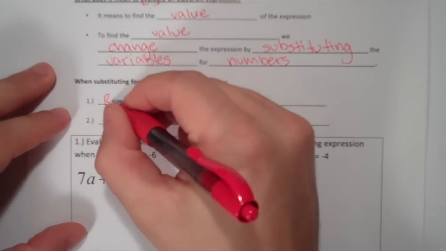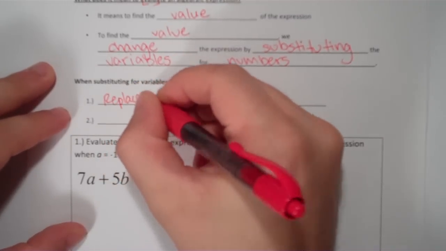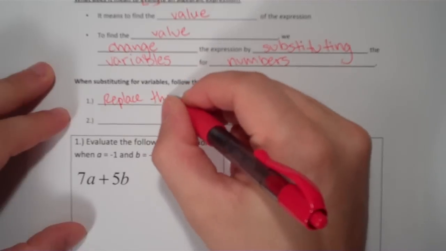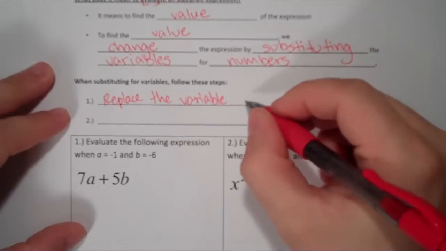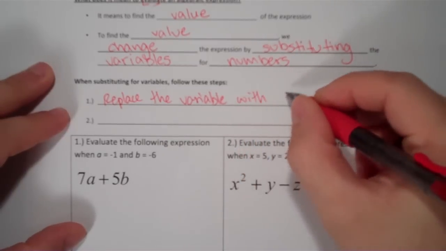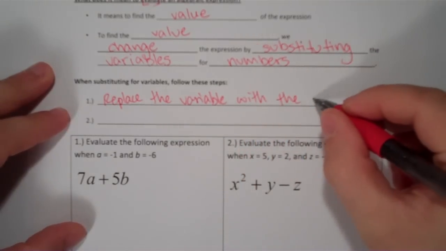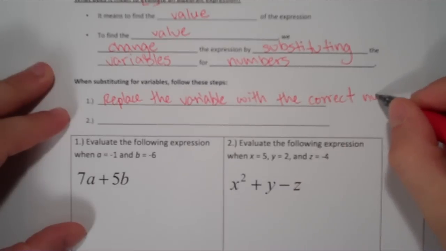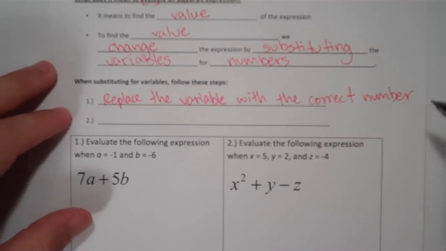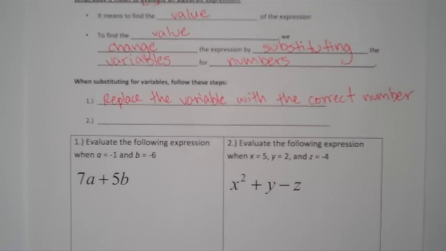Let's say, replace the variable with the correct number. So first you replace each variable with the correct number that's been assigned to it according to the question.